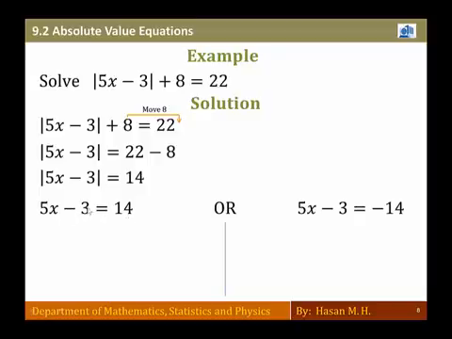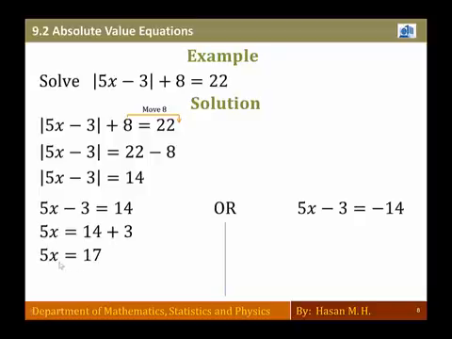Move negative 3 to the other side of the equal sign. We will have 5x equals 14 plus 3. 14 plus 3 is 17.